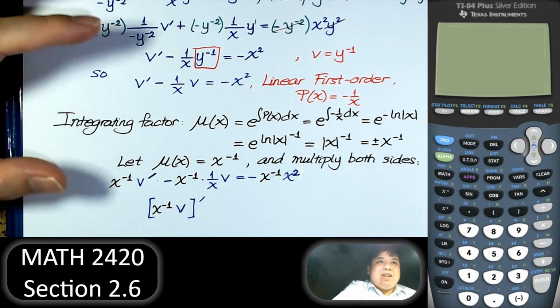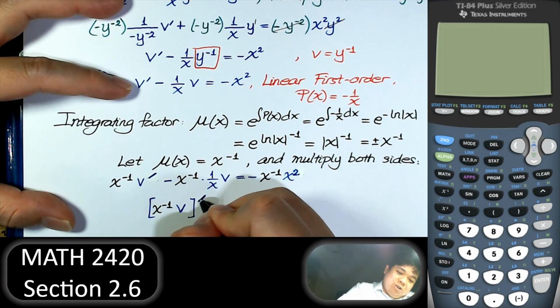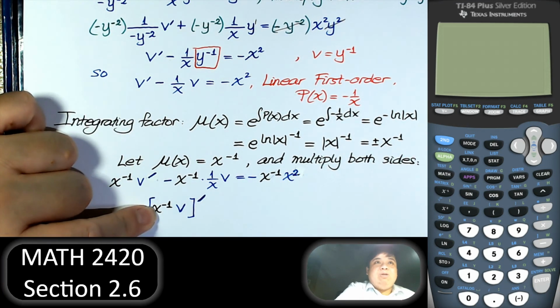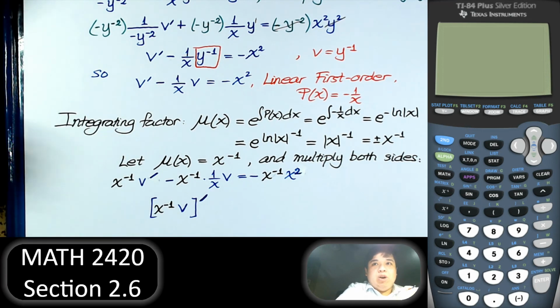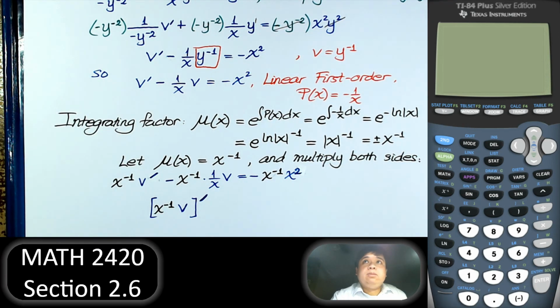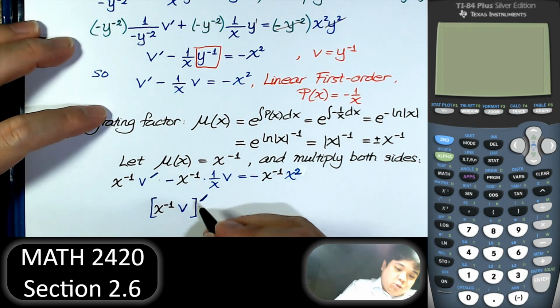The left hand side is the product rule: derivative of integrating factor times v. As mentioned before, the left hand side must be a product rule, and that's what we have.